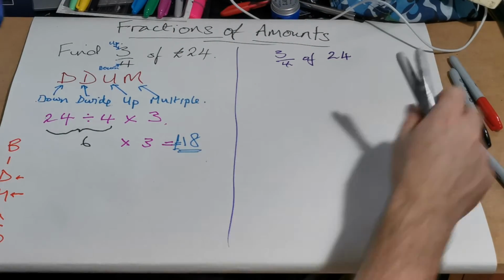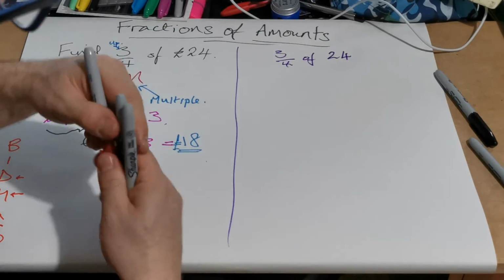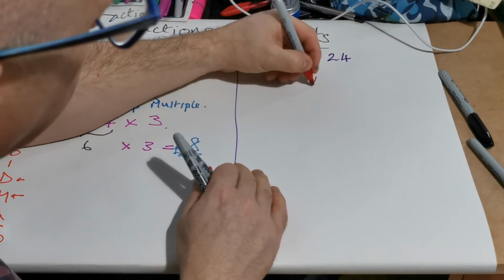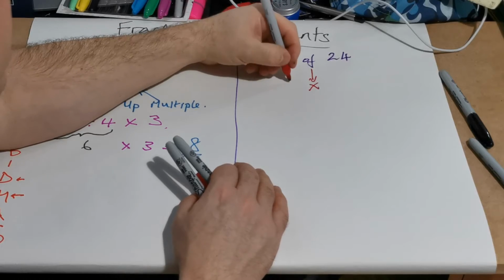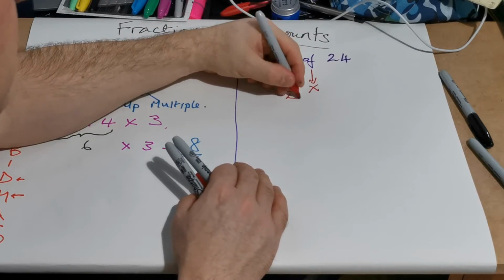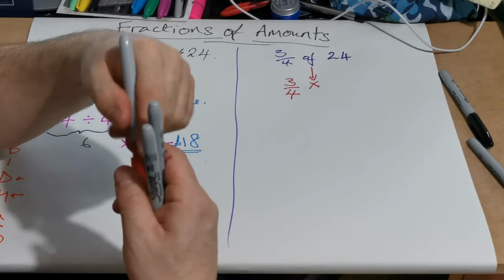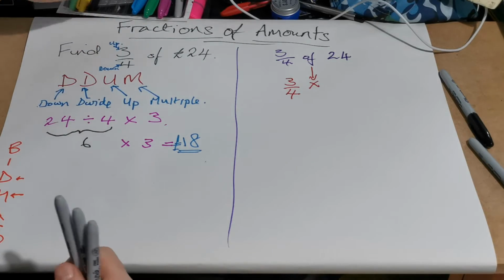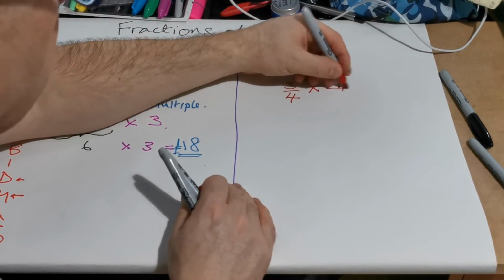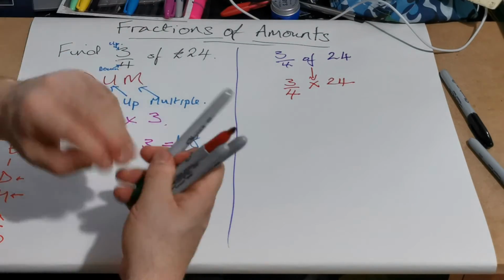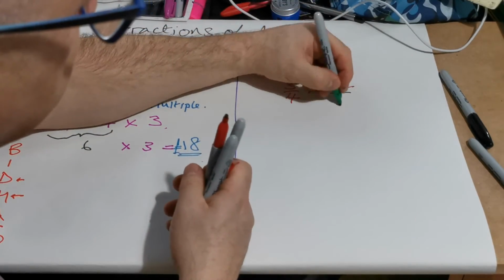Now, it's quite well known in maths that of is represented by times. So I'm going to do 3/4 times 24, and those 24 are whole ones, so I'm going to put 24 over 1 to make sure I know that's 24 whole ones.